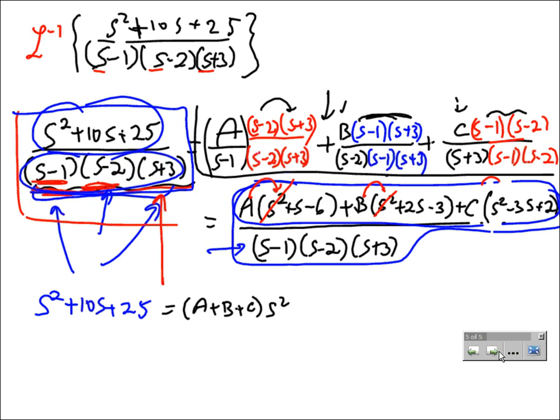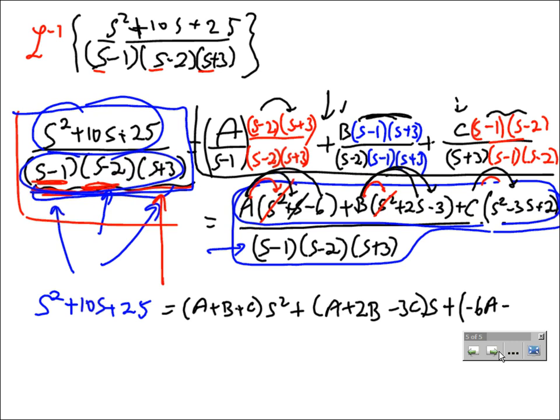And then we have some s's: a s's plus 2b s's minus 3c s's. And then we have constants. We have negative 6a minus 3b plus 2c.